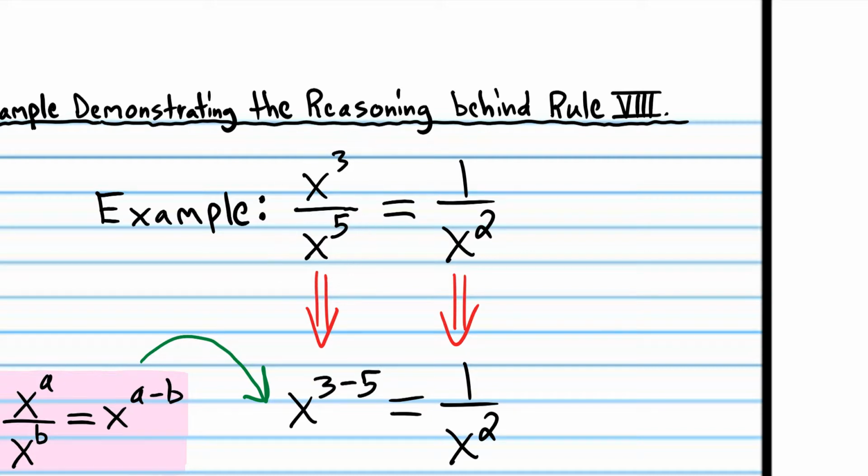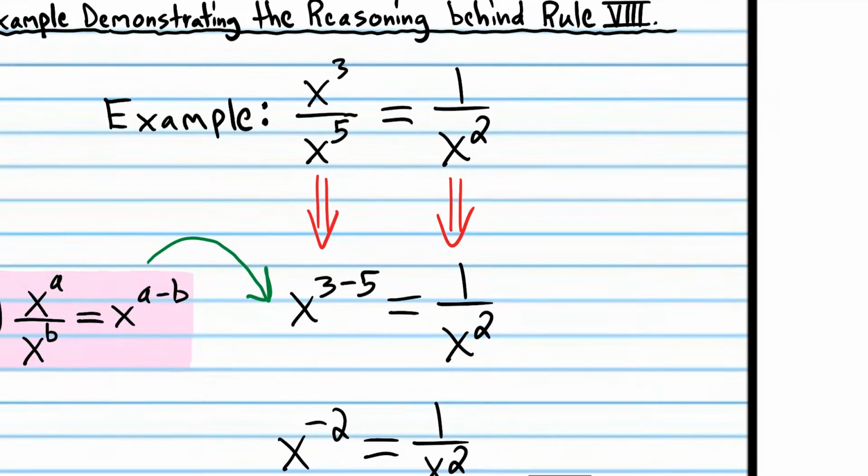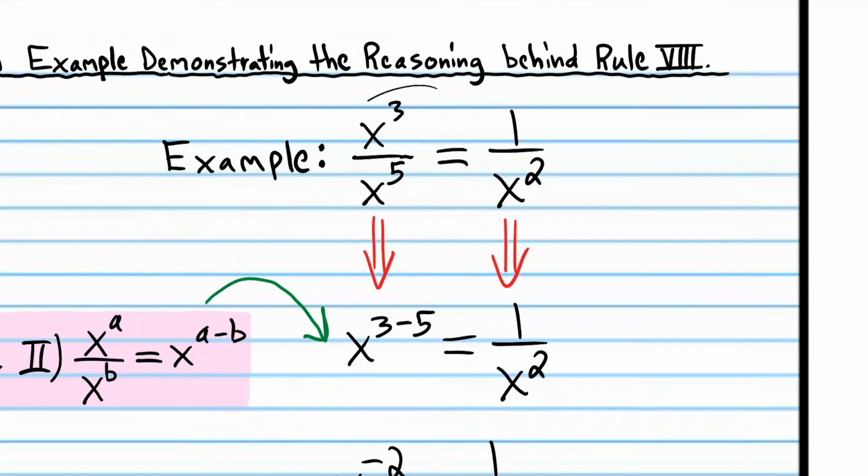So instead, if you had x to the 5th over x to the 3rd, then the answer would be x squared. But since it's the reverse order, the x squared ends up in the bottom. So you subtract the powers, but your result ends up in the bottom there.